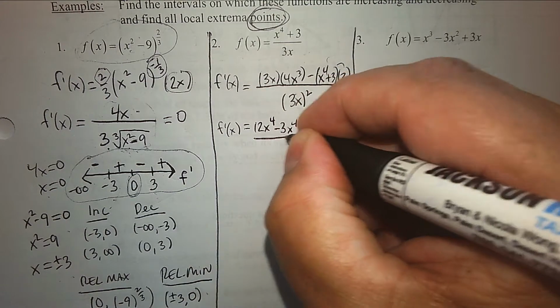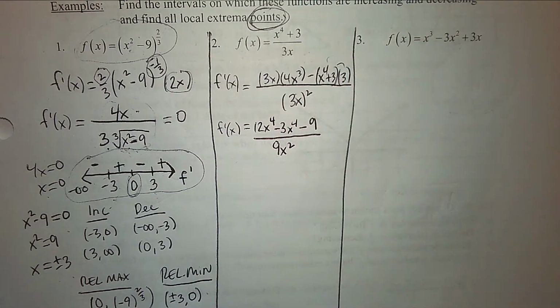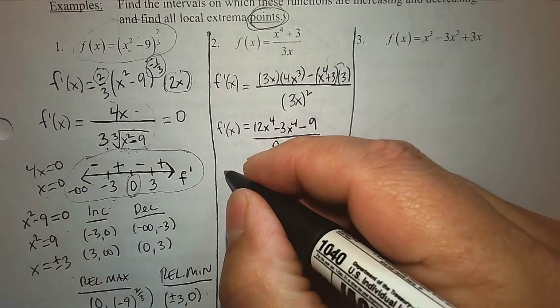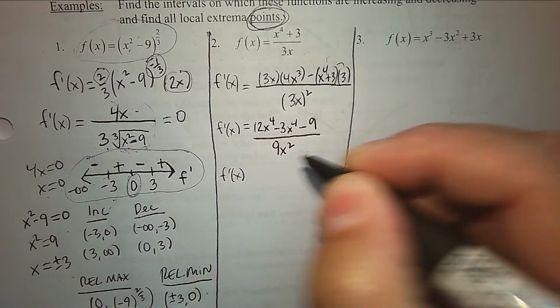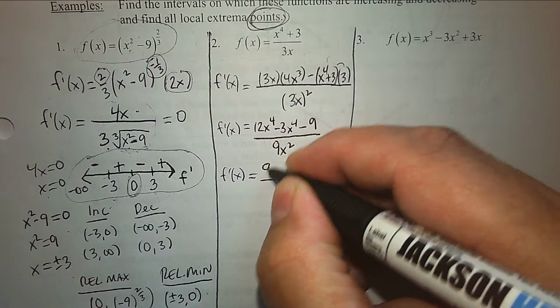The denominator is going to be 9x squared. Take a moment, breathe through it. Can you see the algebra I did? I distributed and was careful with the signs. There are like terms on top. 12 take away 3 is, how many x to the 4th do I have? 9.